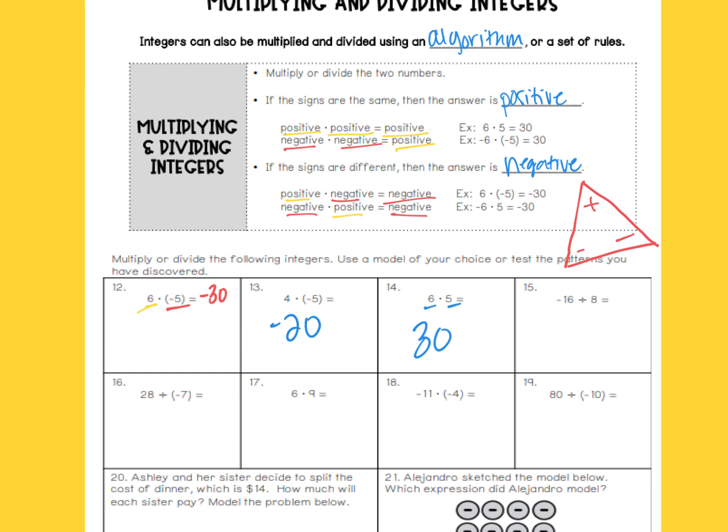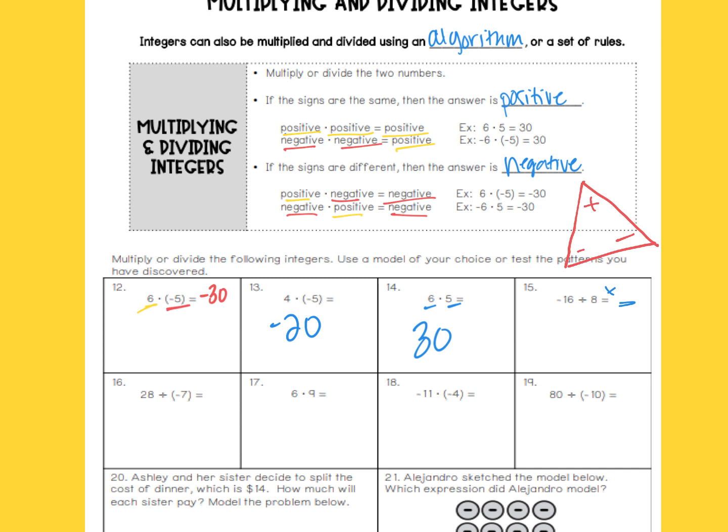Number 15 says negative 16 divided by 8. So we know we have negative 16 divided by 8. And we know that division is just the opposite of multiplying. So we know that something times 8 is going to equal negative 16.